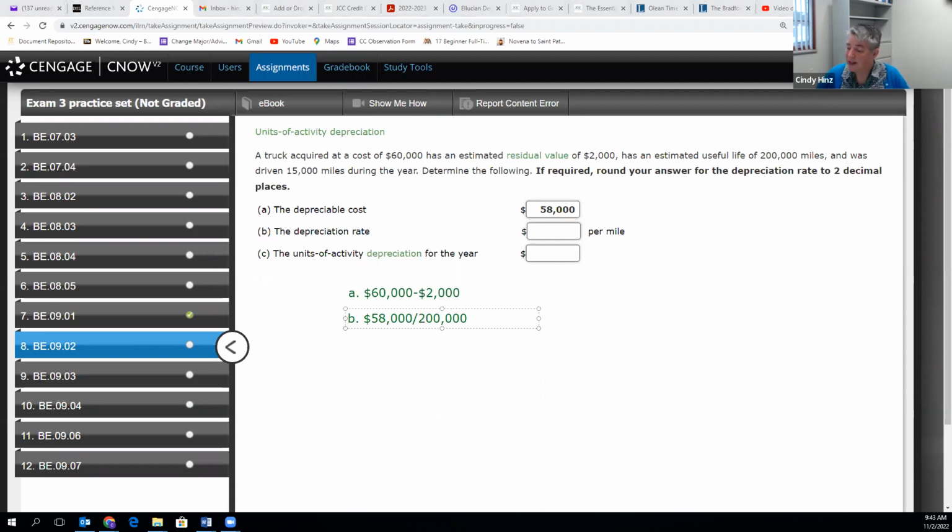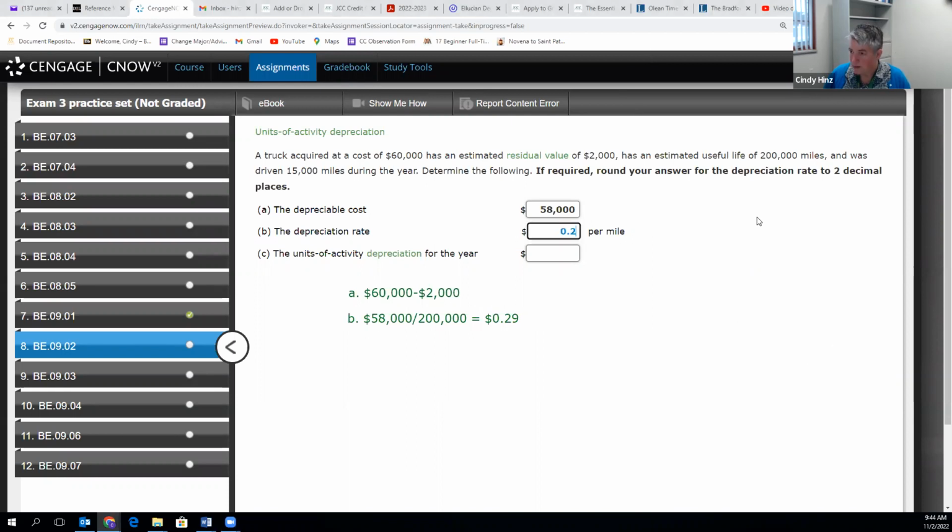And so we want to spread that $58,000 depreciable cost over the 200,000 miles. 58,000 divided by 200,000 miles gives us a rate of 29 cents per mile.